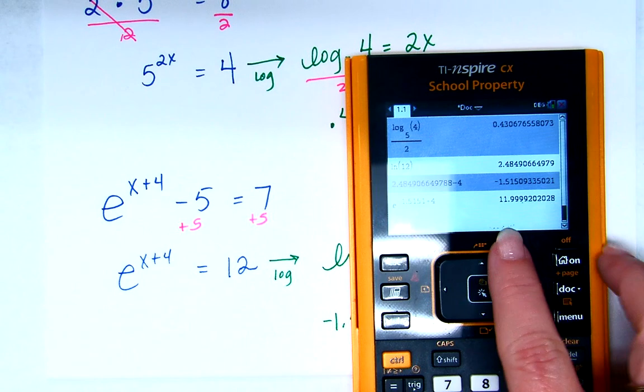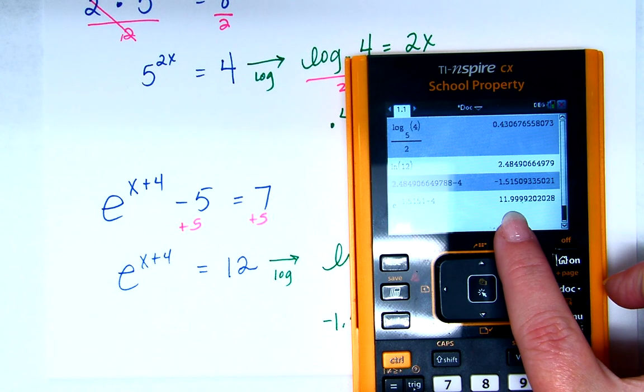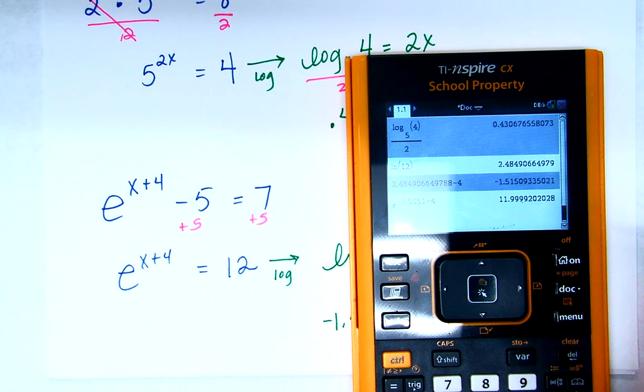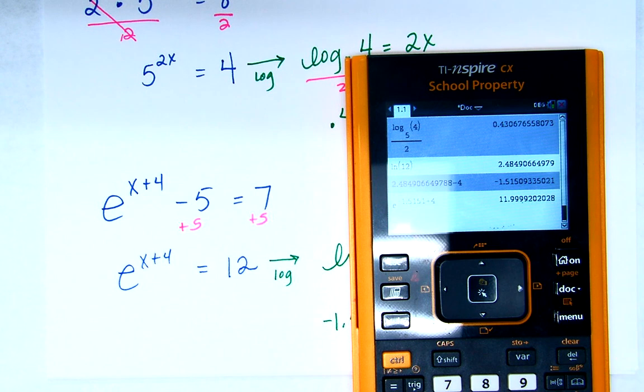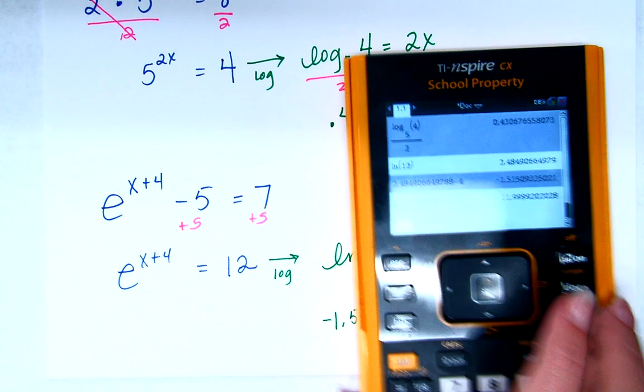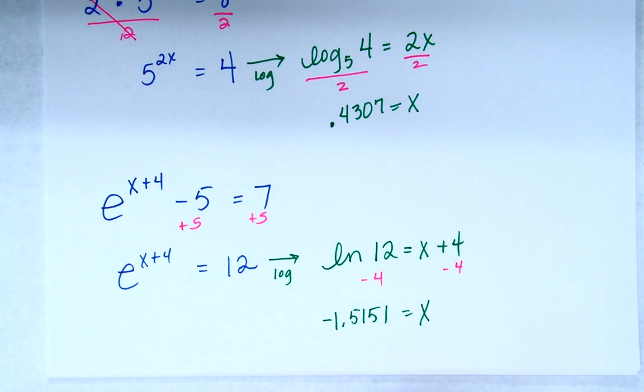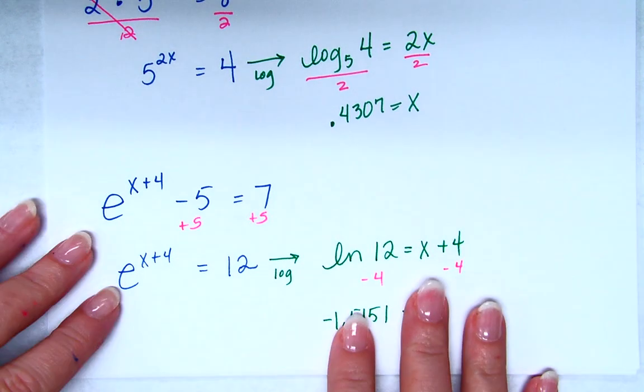Is that 12? No, but yes, right? We rounded, so we expect a slight error like that when we round. What should the title of these notes be? Solving logarithms.